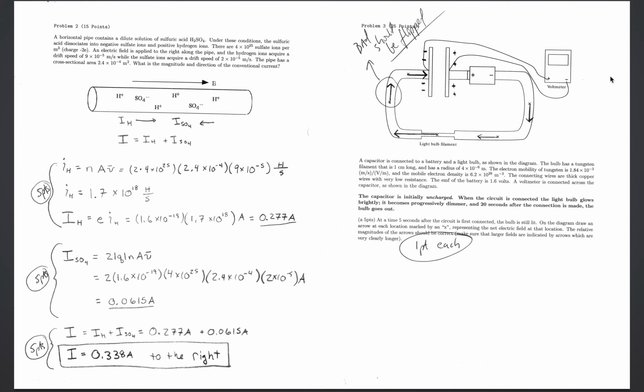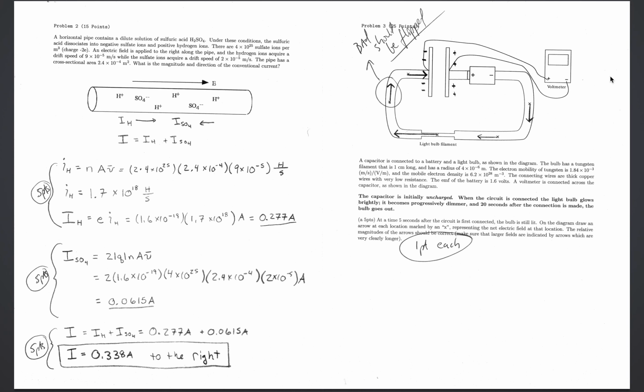So we know that the current in total is going to be equal to the current of the hydrogen plus the current of the SO4. So first we want to find the current of the hydrogen.